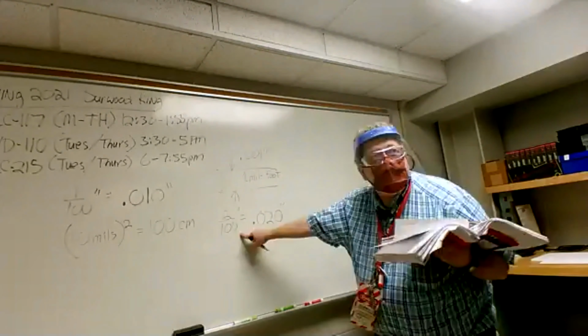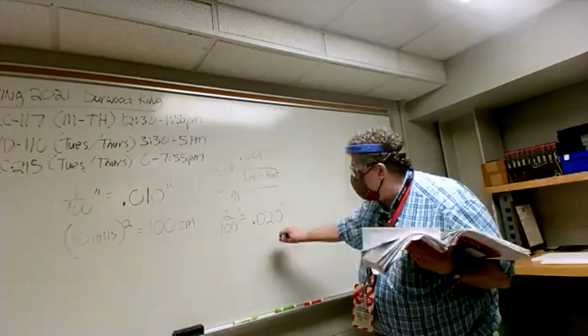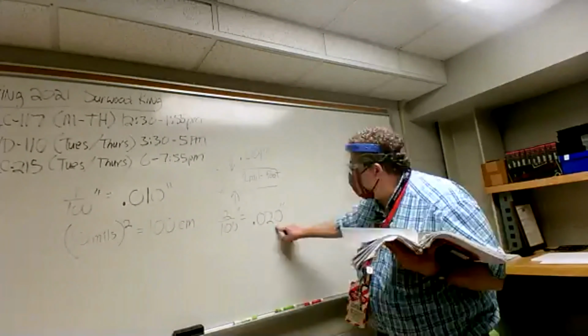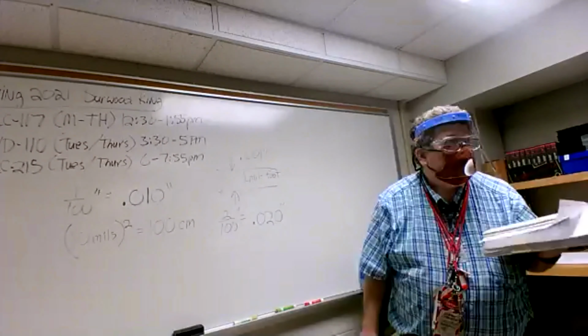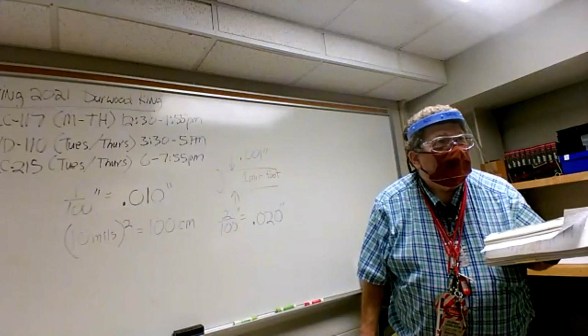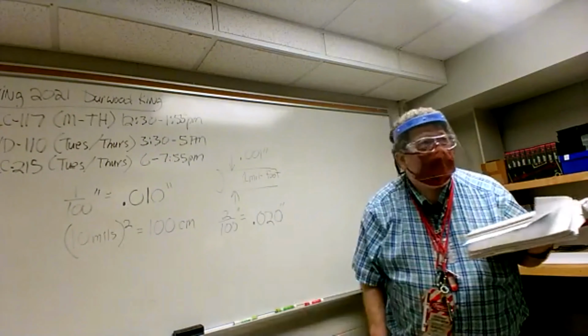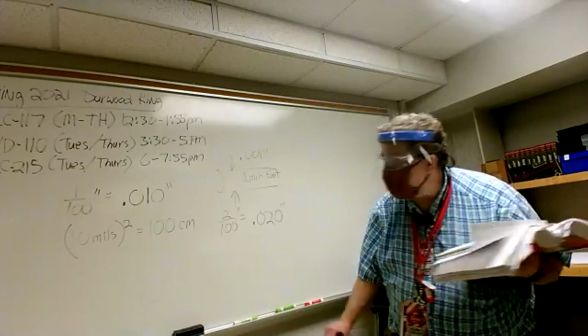When you add a zero, it doesn't change the value. 200 is the same thing as 20 thousandths. So 20 thousandths is the diameter of this wire. That would equate to how many mils? 20 thousandths would be 20 mils.